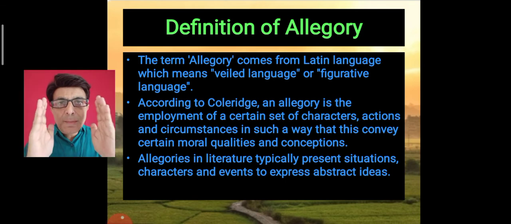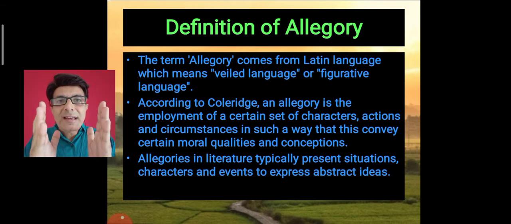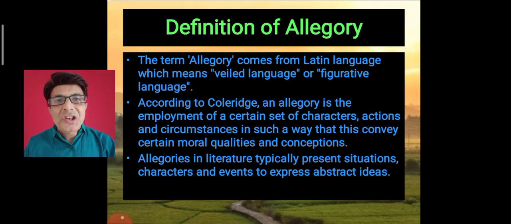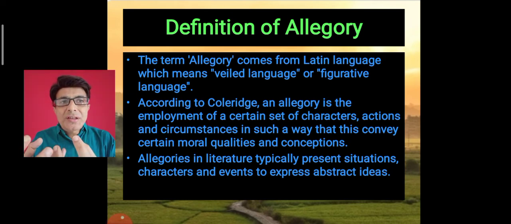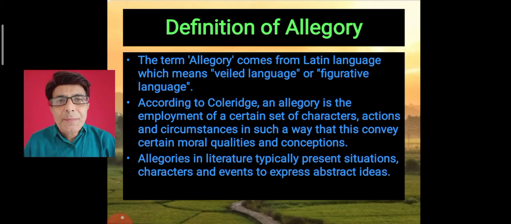So the basic idea behind the use of allegory in literature, according to S.T. Coleridge, is that some characters, situations and actions are presented in such a manner that they express some moral qualities, some moral concepts.